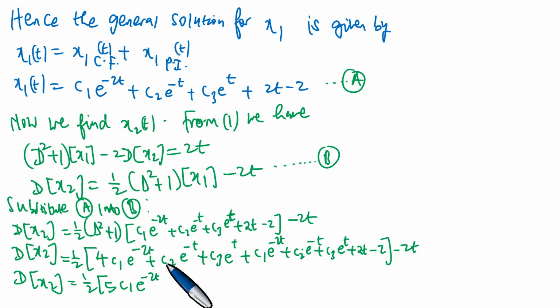Okay, it appears that there's a C2 there and there's a C2 there. There are 2 of them. Let's just write that one down. Yes, 2C2 e to the -t. Then the C3s, there are also 2 of them. C3 e to the t. Okay, we're done with the C3 now, and then you have the twice t minus 2 minus 2t.